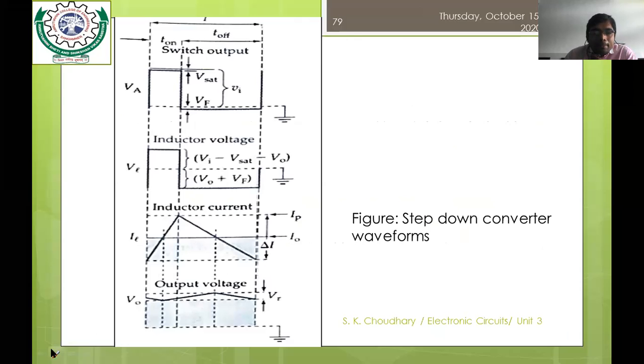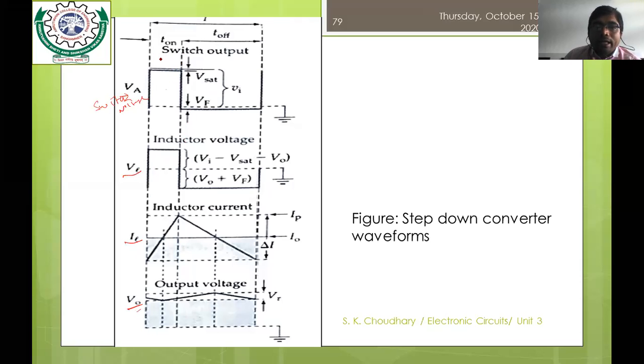You can see some voltages are shown. VA is what? It is the switch voltage, the voltage across the switch, meaning the transistor. Then VL is the voltage across the inductor, IL is the current through the inductor, and this is the output voltage.